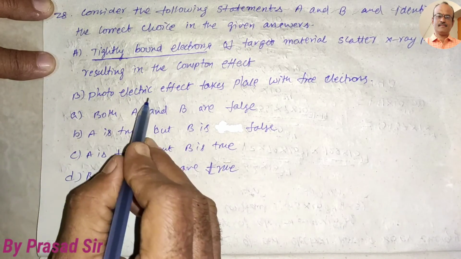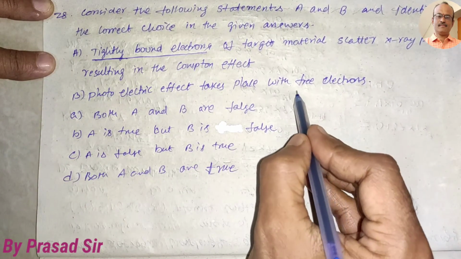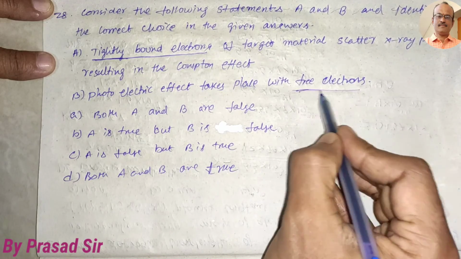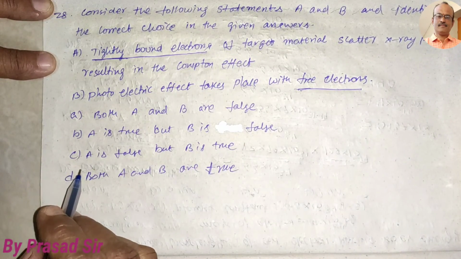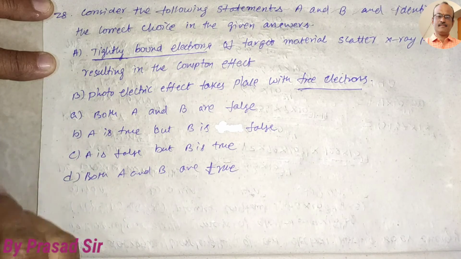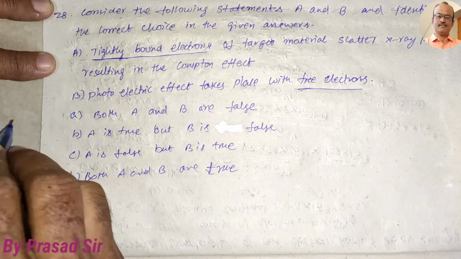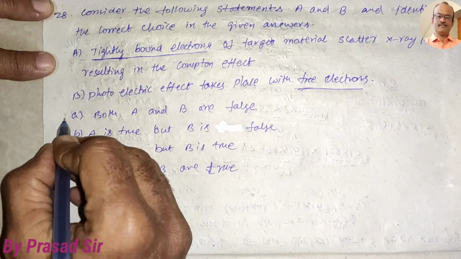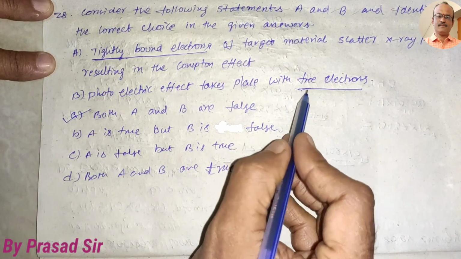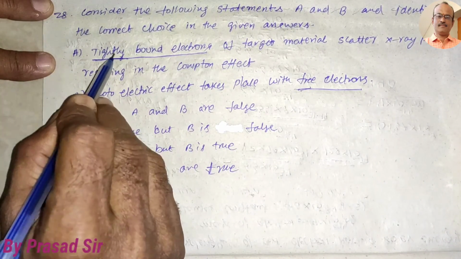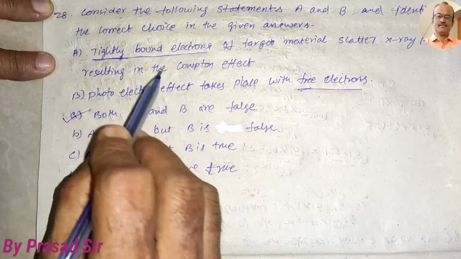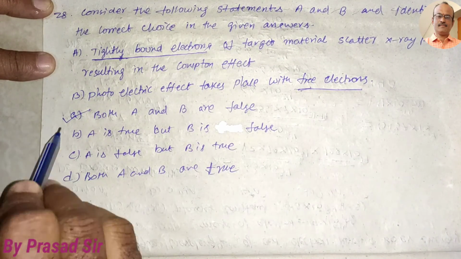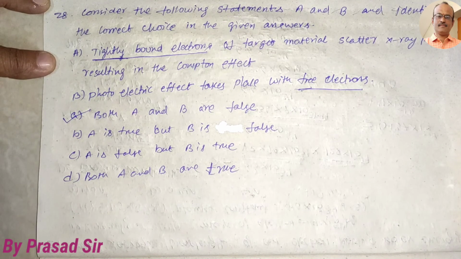And B, photoelectric effect takes place with free electrons. Here free electrons is wrong because tightly bound electrons are responsible for photoelectric effect. So that means both A and B are false. Option A is correct. Suppose if free electrons were given in A and tightly bound electrons in B, then both A and B would be true. But here it is given oppositely, so that's why option A is correct.